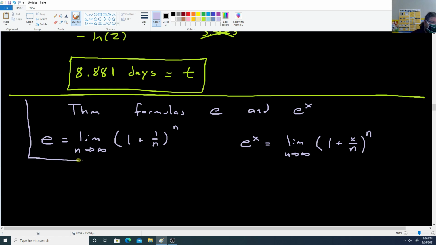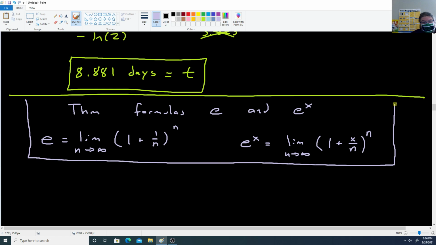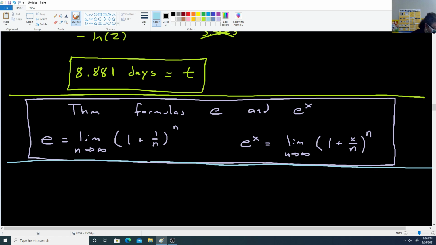So these are two formulas you can use to represent e and e to the x. We're not going to use these too much here, but this is just good to know.